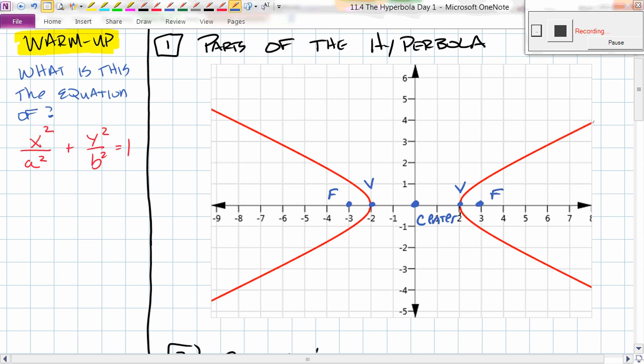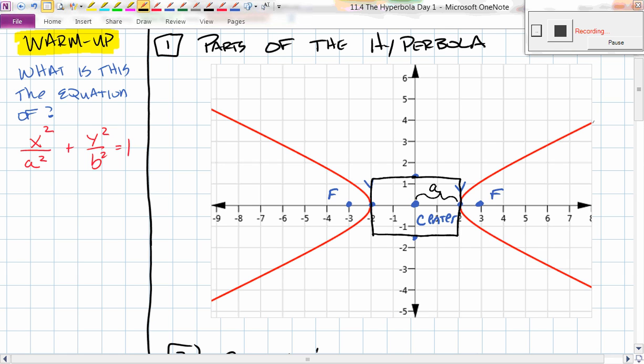And then I have this up and down part that we need to talk about that creates what I call this box here. So what we have are some distances that we need to define, and this box helps us do something. So first things first, the distance from the center to a vertex is still going to be called A. We're not changing that at all.